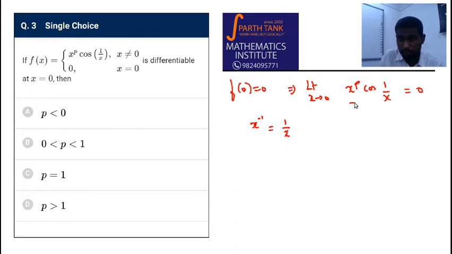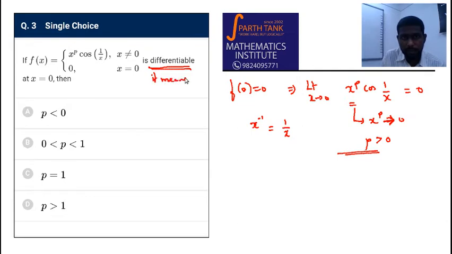Therefore, for x raised to p to tend to 0, we need p to be greater than 0. For continuity at least. Because they have said it is differentiable. Differentiable means also continuous. Continuous does not mean differentiable, but differentiable means it is also continuous. So we say that p is greater than 0 for continuous.